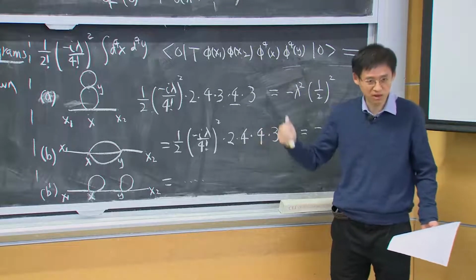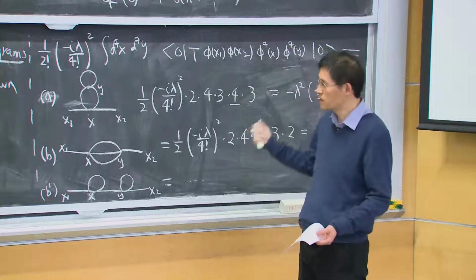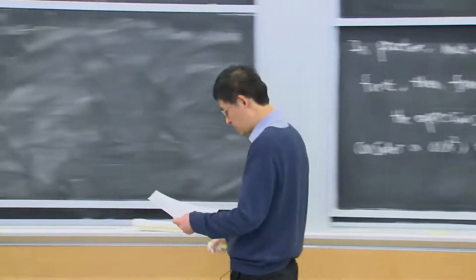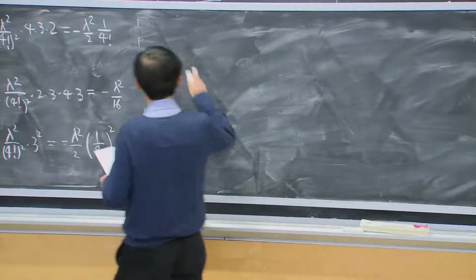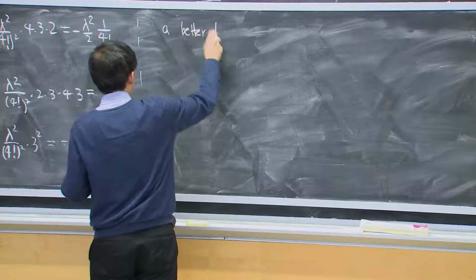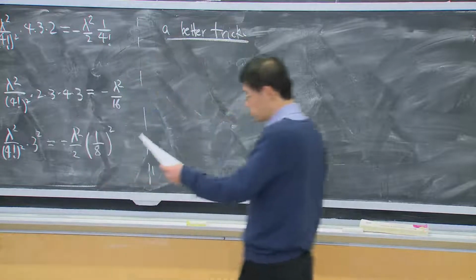Each diagram you have to count factors of 4, 3, etc. So it would be nice to find a better trick. Now there's a better way to do it. If I notice the following.